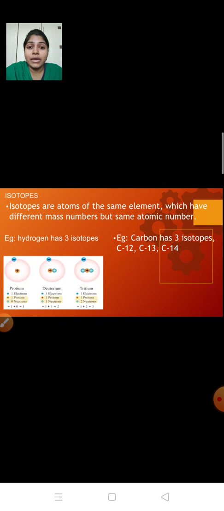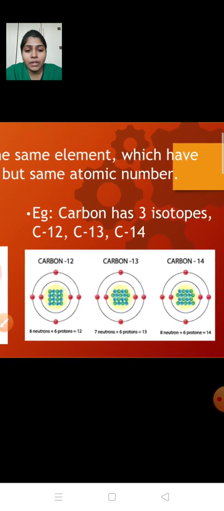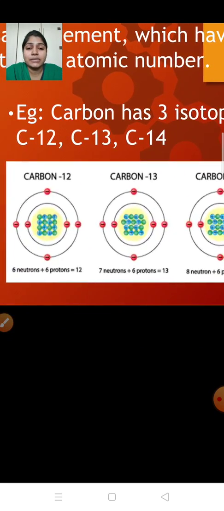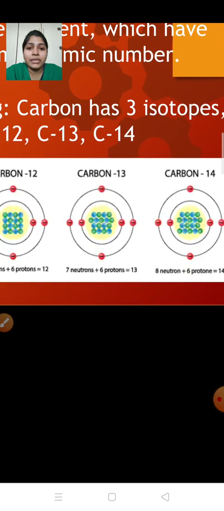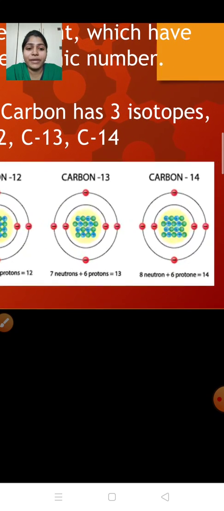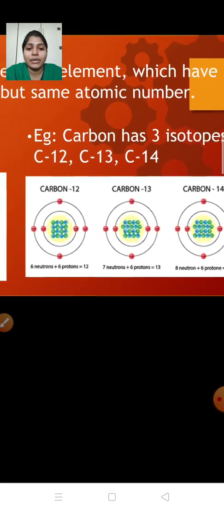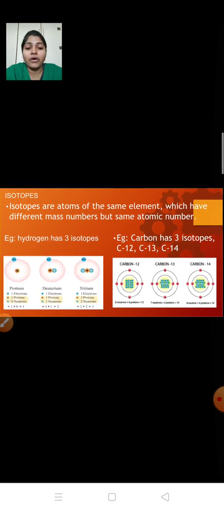Carbon has three isotopes: C12, C13, C14. In C12 we can see the number of neutrons is 6. In C13 the number of neutrons is 7. And in C14 the number of neutrons is 8. So you can see that the number of neutrons is changing, and that changes the mass number. Another example is of oxygen.